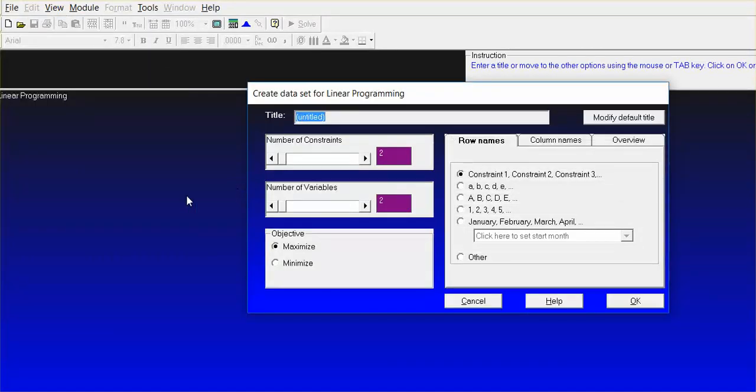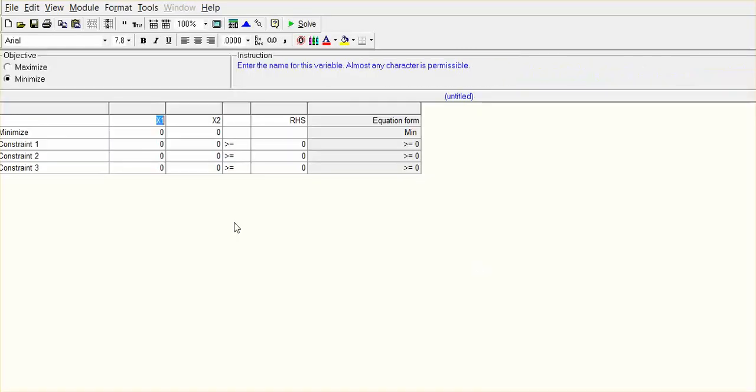I have my drop-down menu. In this particular case, I have three constraints: short-term, long-term, and dividends. I still am dealing with two variables, stock ABC and stock XYZ. My objective function is minimization, and I should be good to go.